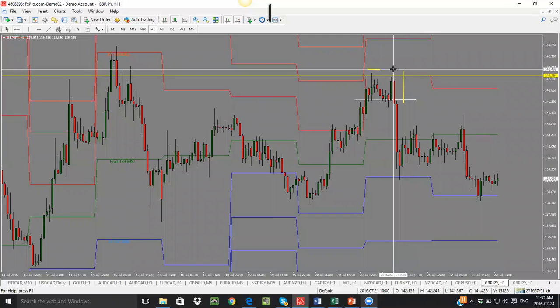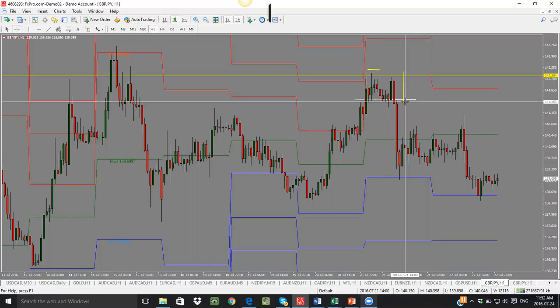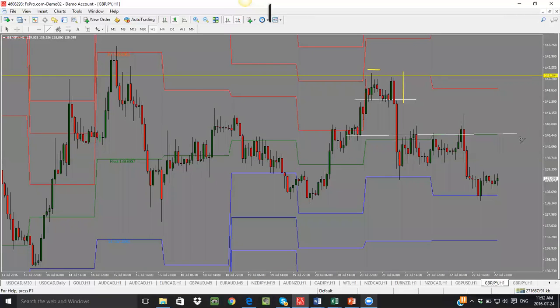Your entry is here, so 94 pips. So let's say approximately 100 pips. So your take profit would be 100 pips, so about here, right? So this support and resistance level right here would be your profit target. So you get a 1-to-1 risk to reward ratio trade.